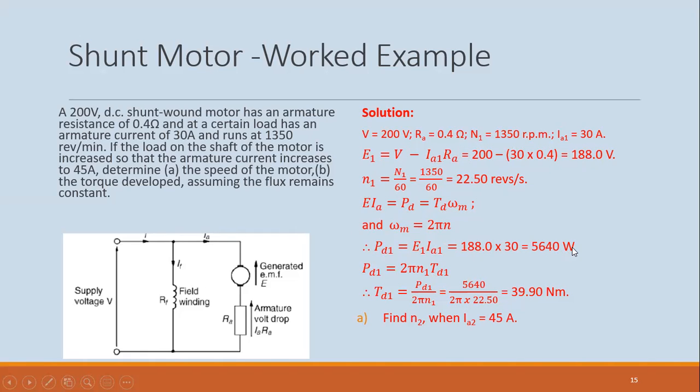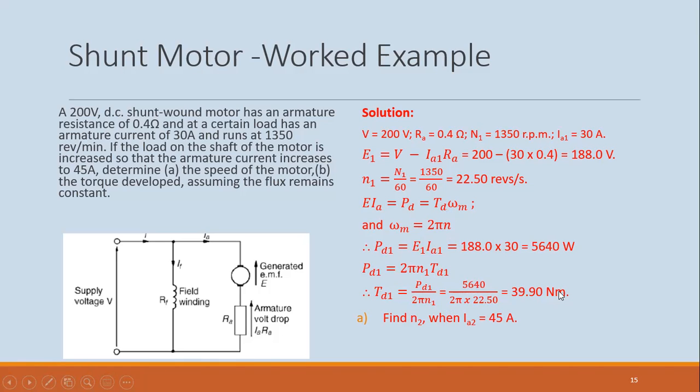So the power developed is that. And the power developed written in terms of the torque and angular speed is 2 pi n1 times TD1. So therefore the torque developed at 30 amps would be this, E1 IA1 over 2 pi n1. So that's 39.9 Newton meters.